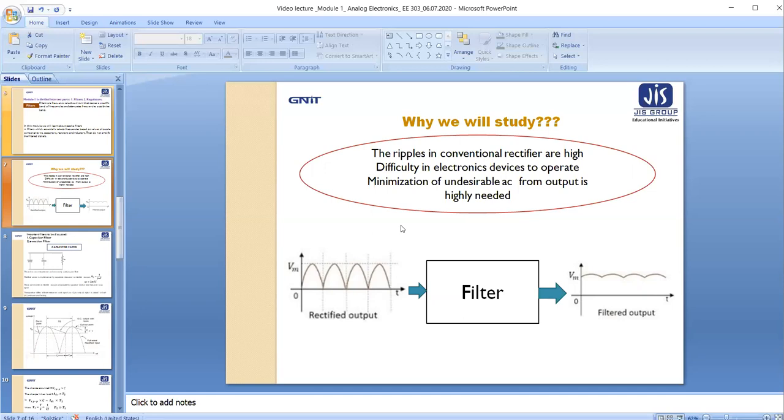That means some peaks appear at the output, whereas after processing through the filter, these peaks will be reduced and we will get a smooth signal from the filter circuit. So this type of signal will be beneficial for these electronic devices.